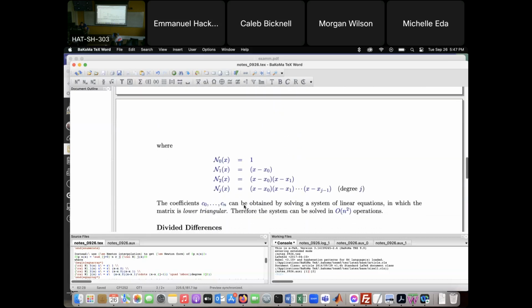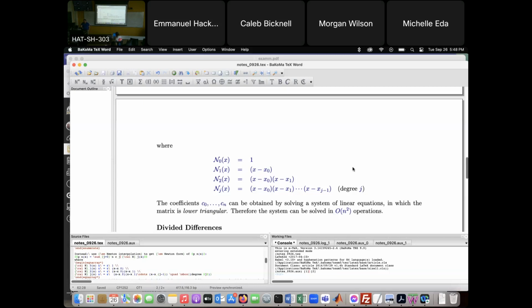But what happens is the matrix involved in solving the system is what's called a lower triangular matrix. A lower triangular matrix is a matrix in which every entry above the main diagonal is 0. Those kinds of systems of linear equations are relatively easy to solve. They can be solved in order n squared floating point operations.